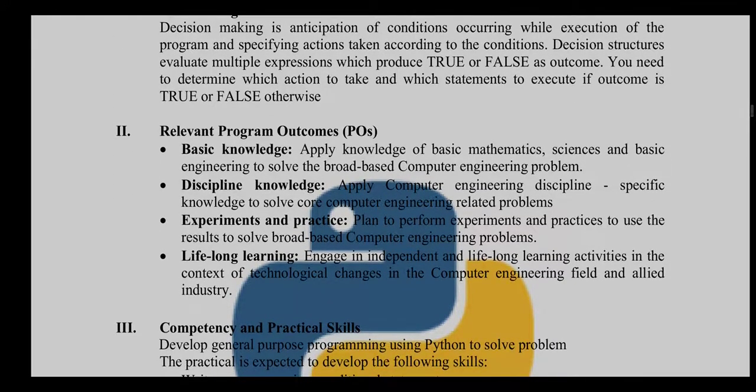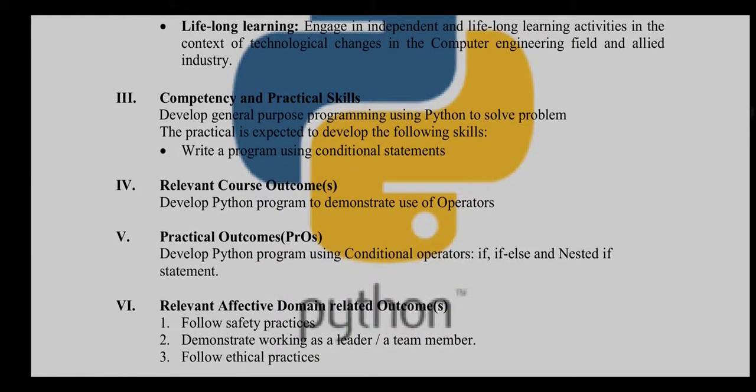We'll list out the relevant program outcomes: you need to have basic knowledge and discipline knowledge, you are able to perform experiments and practices, and it is a lifelong learning process. What are the competencies and practical skills? Develop a general purpose program using Python to resolve a problem.